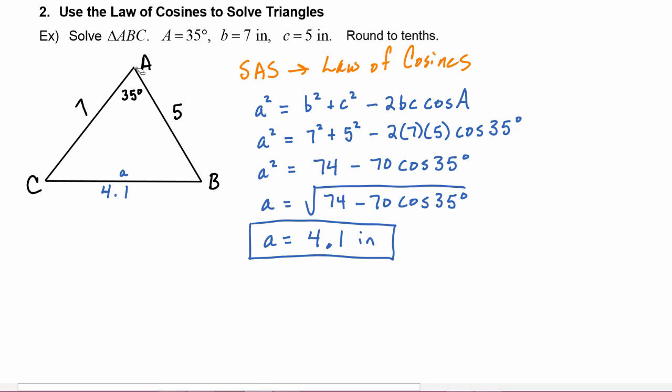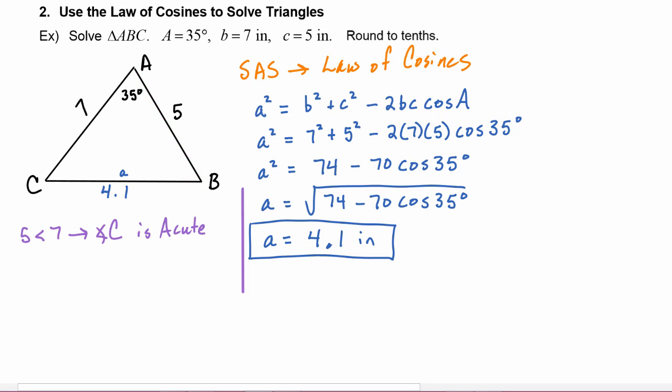Now the 5 is the medium side. And remember, we said opposite of the smallest side and the medium side will always be acute angles. So since 5 is less than 7, we know that angle C will be acute. So let's make a little note of that.